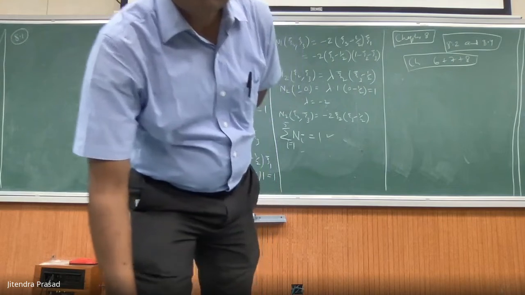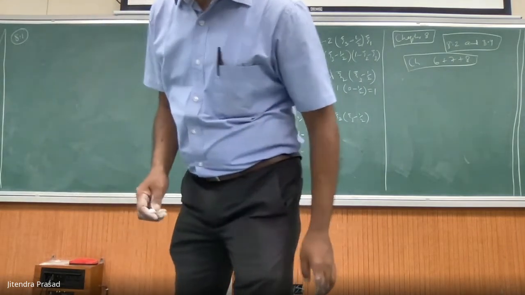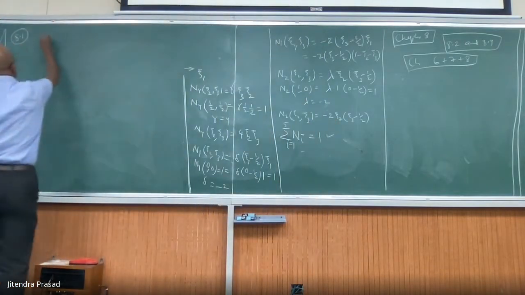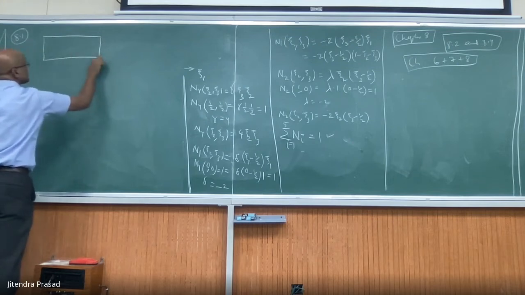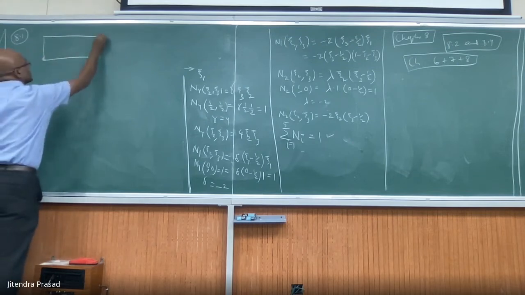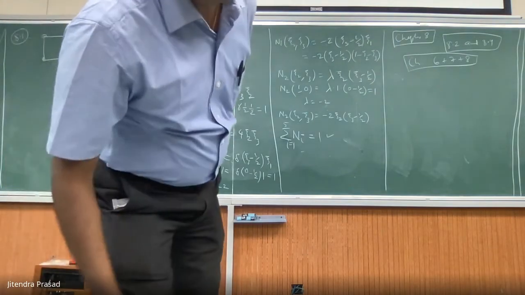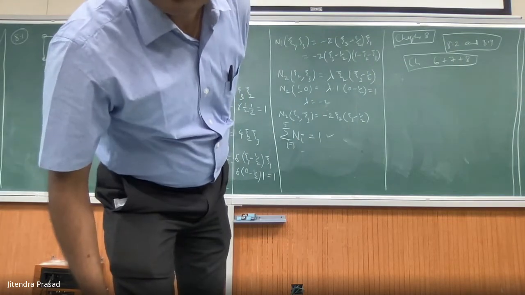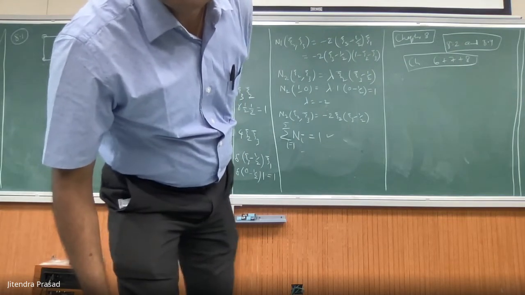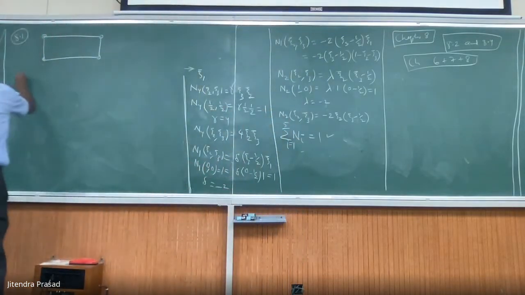Consider a problem, a rectangle 2 meter by 1 meter. So we have a problem which is like this. The conductivity K is given.